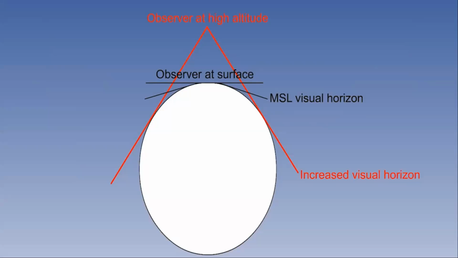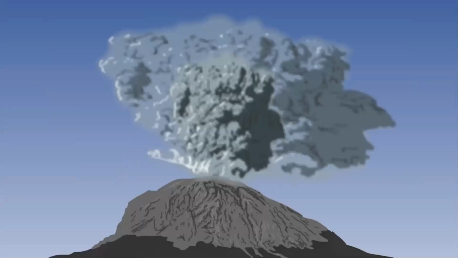However, you will not be required to calculate any of this. A further variable to the length of twilight is caused by volcanic activity. In an area of volcanic eruption, the length of twilight will be increased due to the increased scattering of the sun's rays. In practice, you are unlikely to be flying in such conditions.